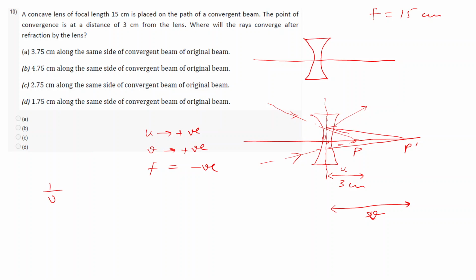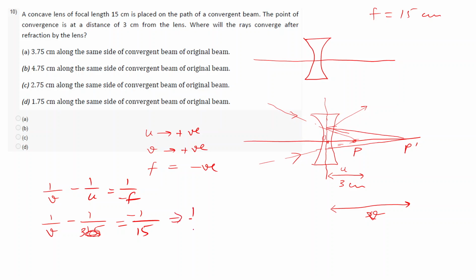So using our lens maker formula, V positive, U positive, F negative, this will be our formula for this situation. Now substituting the values, V I need to find out. U is 3 centimeter, focal length is 15 centimeter.